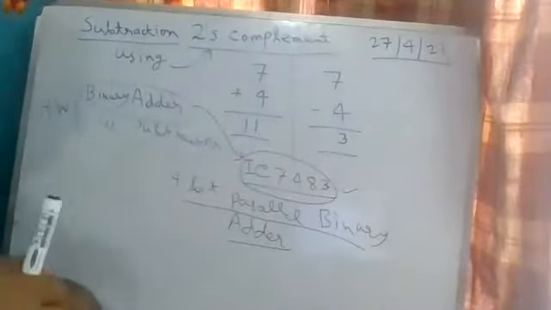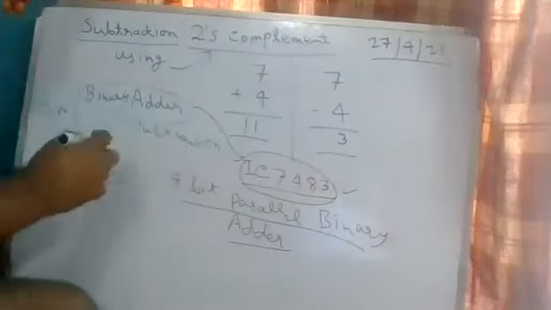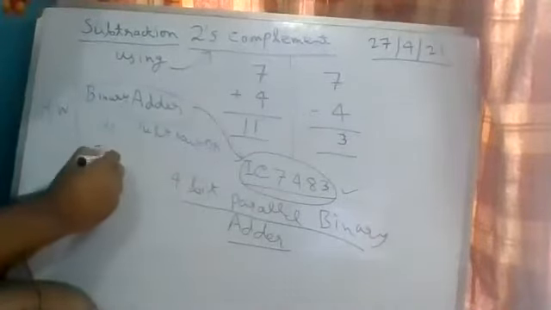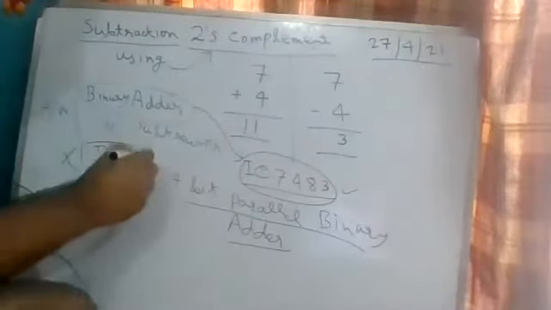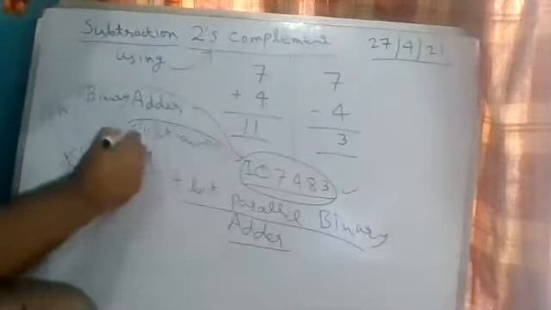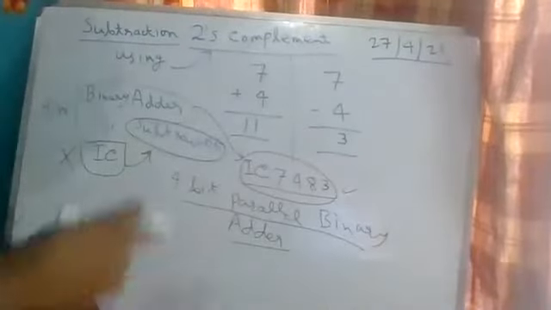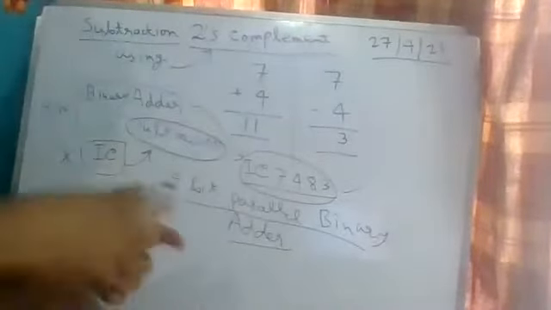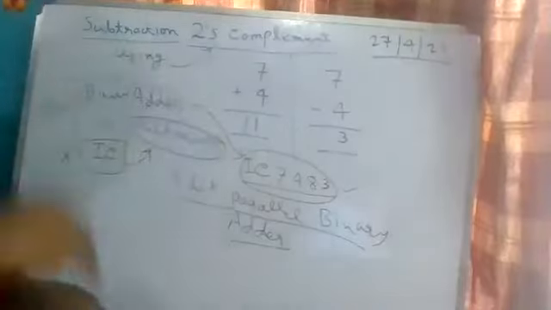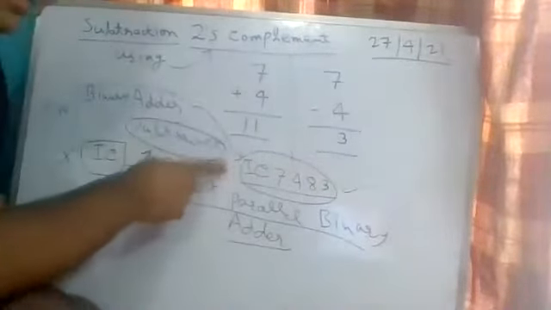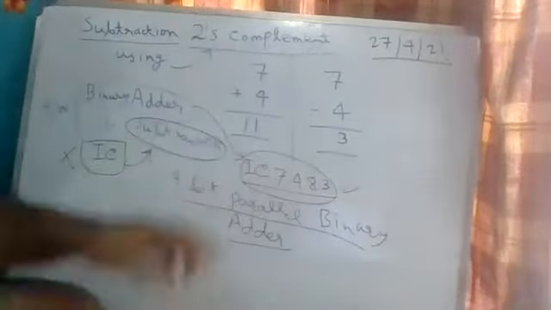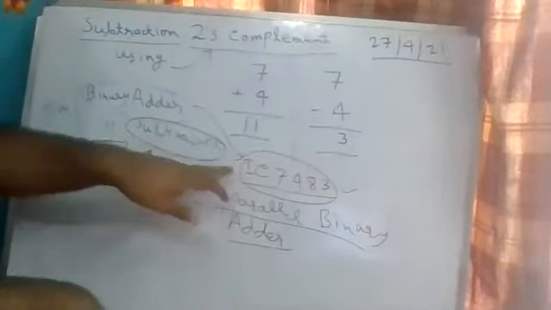But the problem is that no IC chip is available to perform the subtraction operation. That means there is no 4-bit parallel binary subtractor IC chip available in the market. You will only have this binary adder chip.